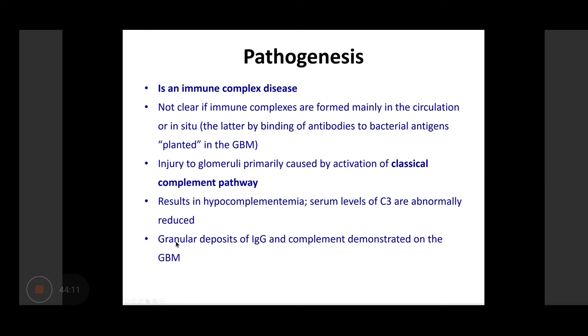That is the difference. In C3GN, only C3 levels will be decreased and C4 will be normal, but in this case you will have a decrease in both C3 and C4. In addition, the complements that are utilized are also deposited in the kidneys, which can be demonstrated by IF or EM.